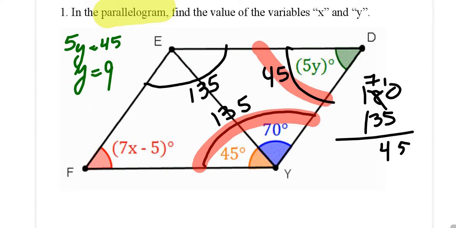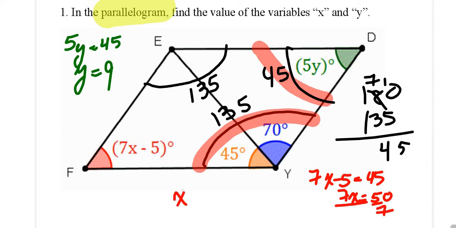Coming down here for x, that's 7x minus 5 equals 45. That's 7x. And then you add the 5 on both sides, and that's 50. And you divide by 7, and lo and behold, you have a decimal. You probably thought it was wrong, but it is not.